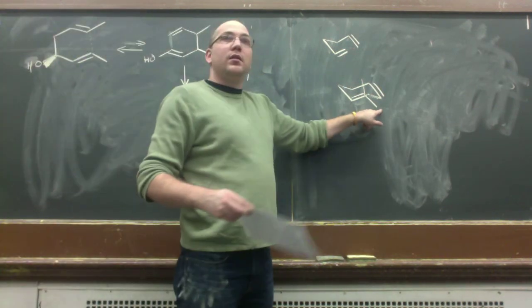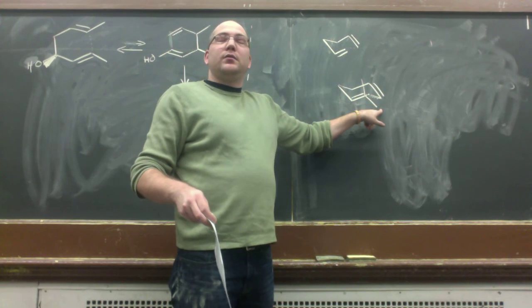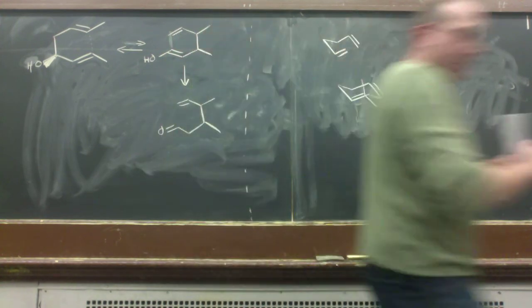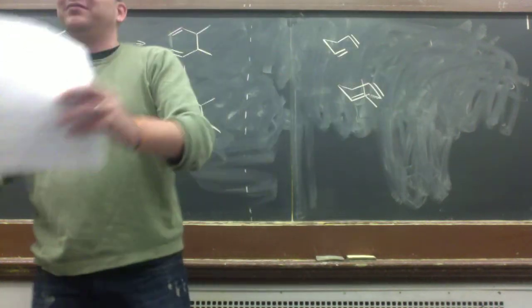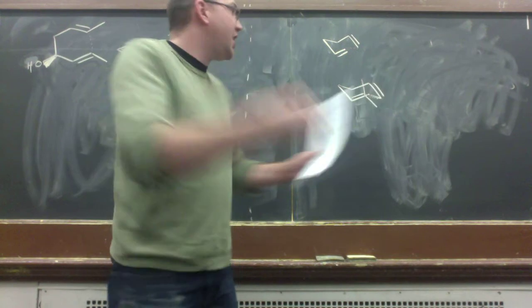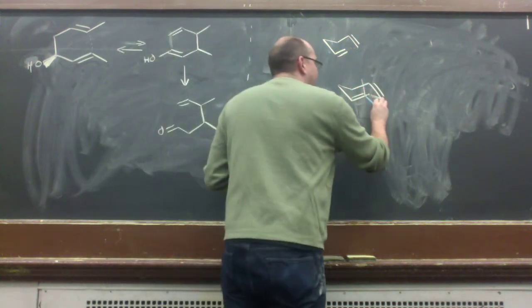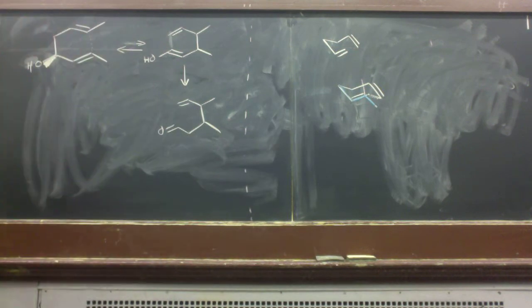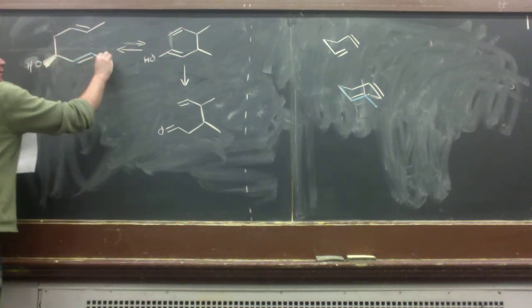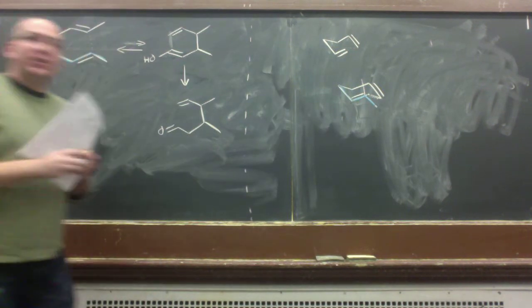Why? I'm not simply putting equatorial here because equatorial is lower in energy. I'm sure many of you will make that interpretation. It just so happens that I drew this one trans. That's the only reason that we drew it in that way.